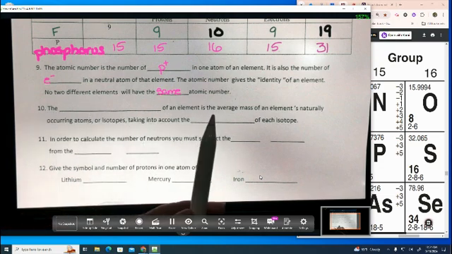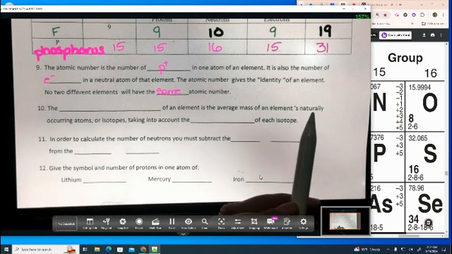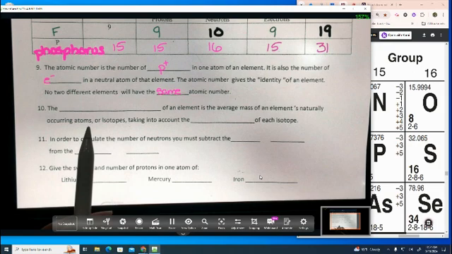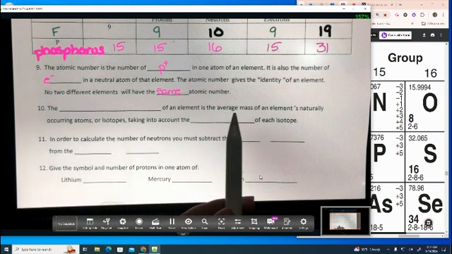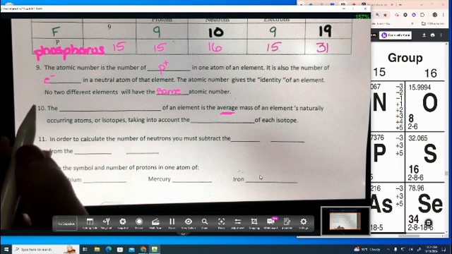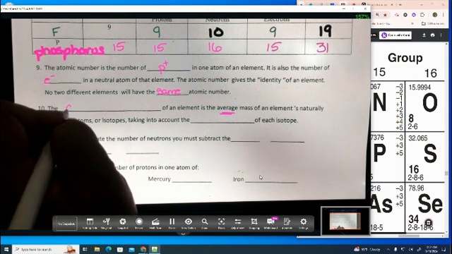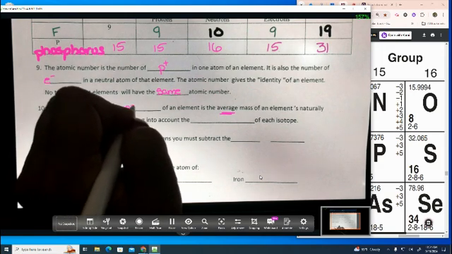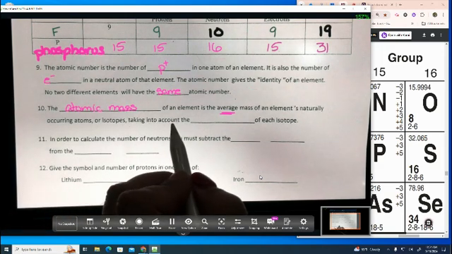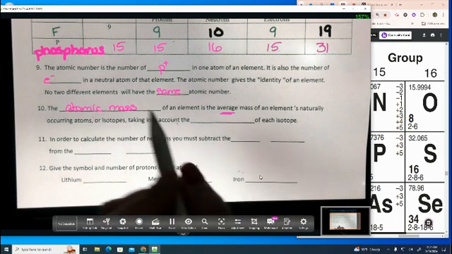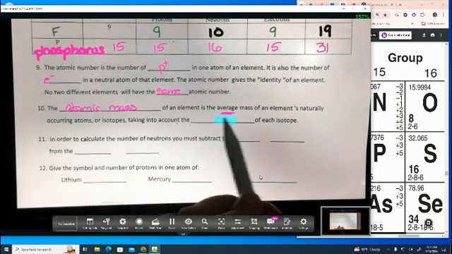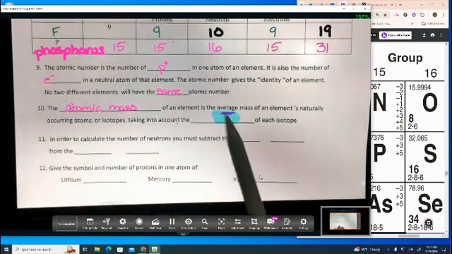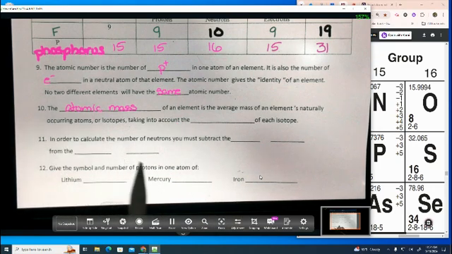The blank of an element is the average mass of the element's naturally occurring atoms. What is the average called? Atomic mass. And it takes into account the blank of each isotope. What is it taking into account? Not the mass.